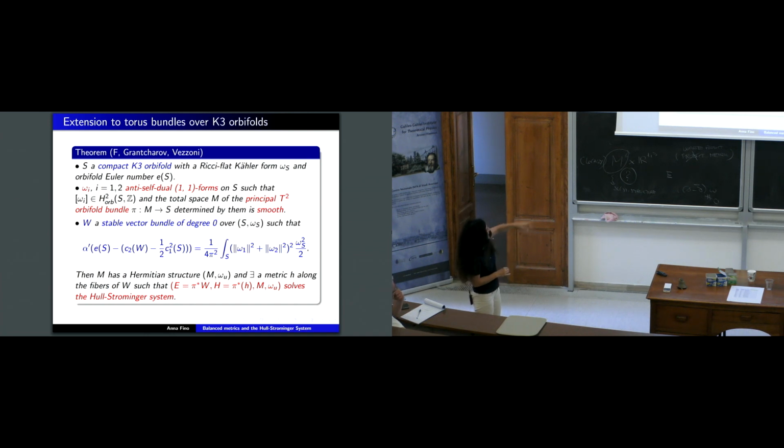So if we have a stable vector bundle of degree 0, such that it satisfies this equation, this is exactly the previous equation written by Fu and Yau in the specific way, then just by pullback, you pull back W, you pull back the metric, you solve the Hull-Strominger system. So of course we have two difficulties here.